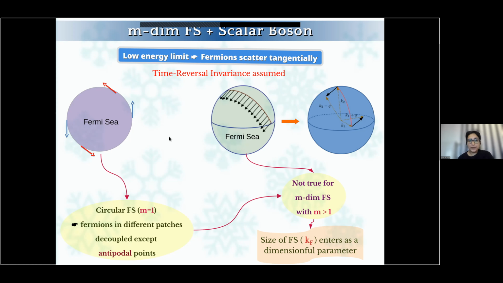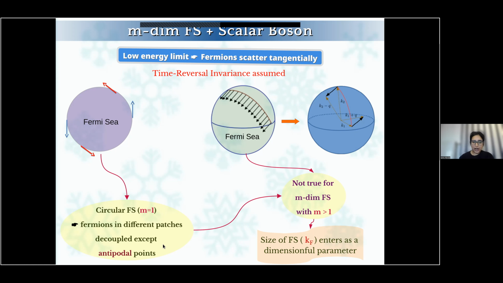But this argument will not hold if we move to higher dimensions. For example, if we go to 3D, which has a spherical Fermi surface, then any 2 points can be joined by a series of tangent vectors. So basically, if we take fermions scattering at any 2 points on the sphere, they can scatter with each other, maintaining the condition that their momentum is parallel to the Fermi surface.